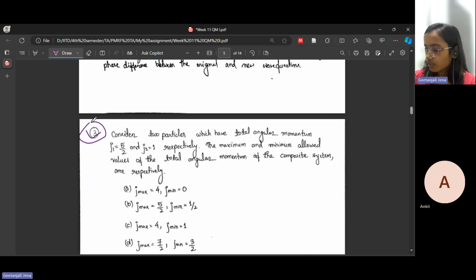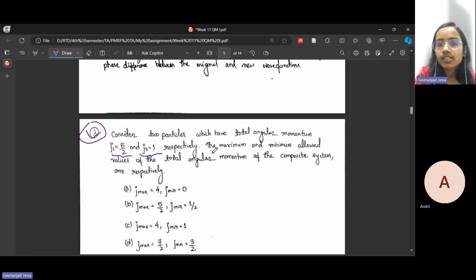Let me read out the question for you. It is telling, consider two particles which have angular momentum J1 equal to 5 by 2 and J2 equal to 1.